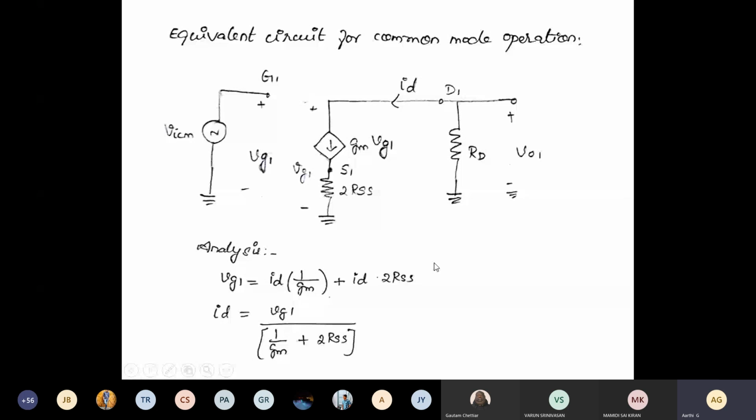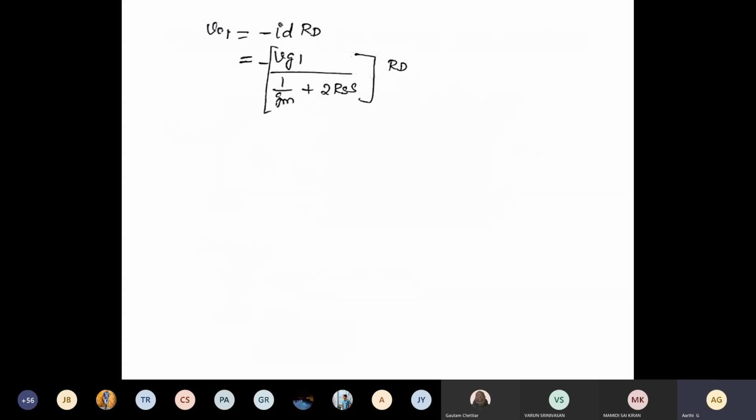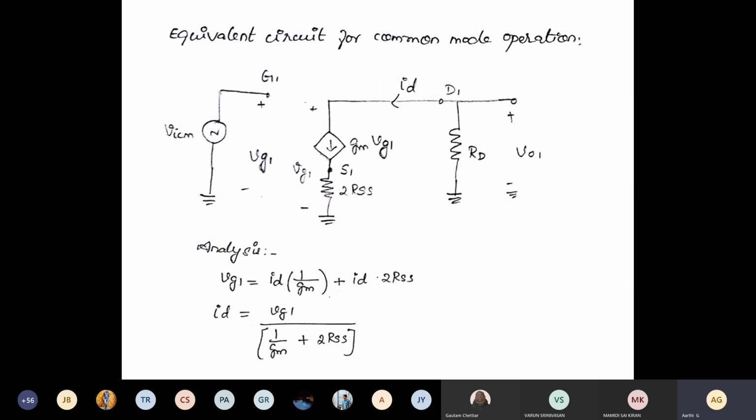So we take this total expression to the denominator on the left side, VG1 by the resistance term. So this current equals V by R. You need not write this, just take the final expression. Just try to understand the flow. Next we are going to substitute the ID value in the output voltage. The output voltage can be written as minus ID into RD.